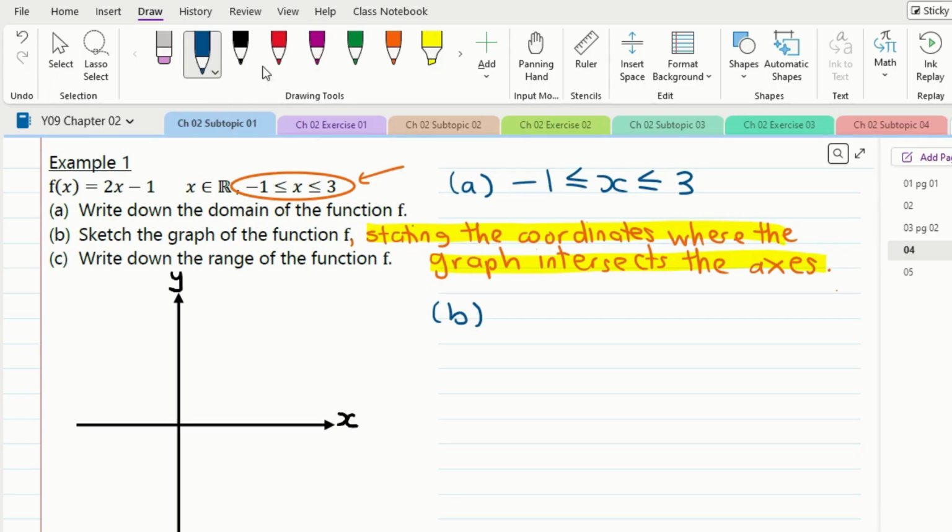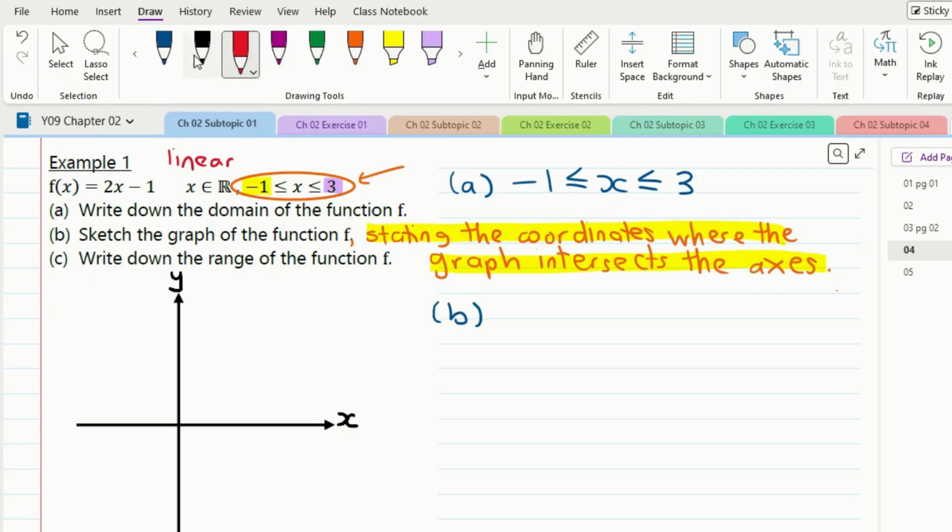So horizontally, the first value that you will use is -1, and then the final value for this graph is x equals 3. So we are looking at the end points of the graph. And this graph is linear, by the way, so you are going to produce a straight line, uphill or downhill.